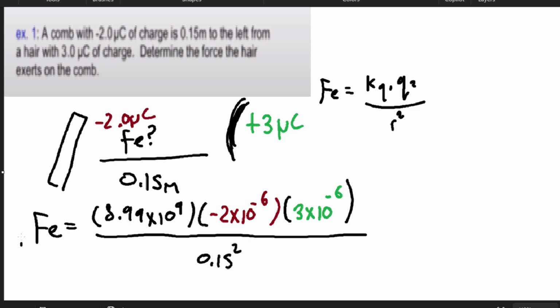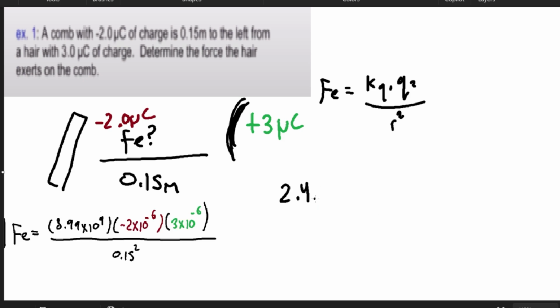And then after all that, just take the absolute value of the answer. So the electrostatic force is 2.4 Newtons, and this is negatively charged while this is positively charged. So we know that the attraction for the comb is going to go this way. So the force the hair exerts on the comb will be going the right direction.